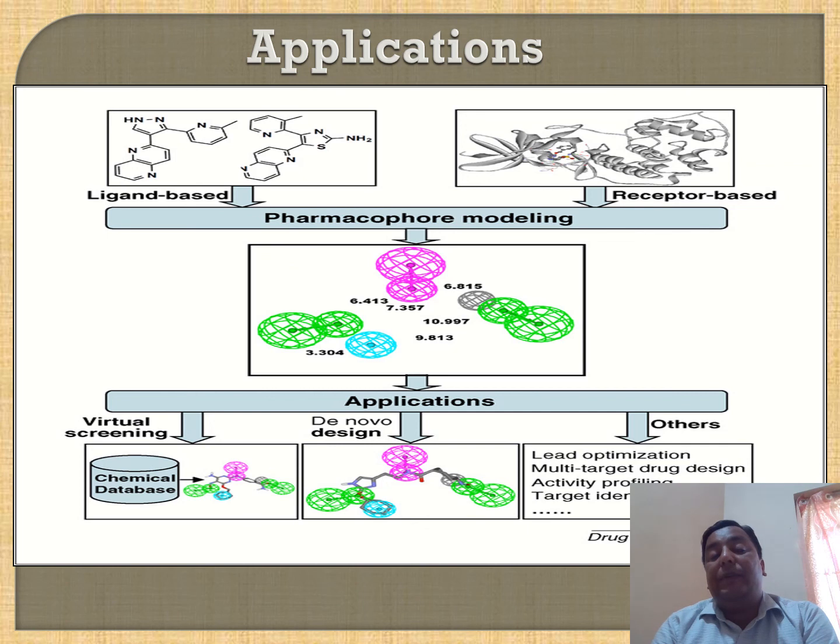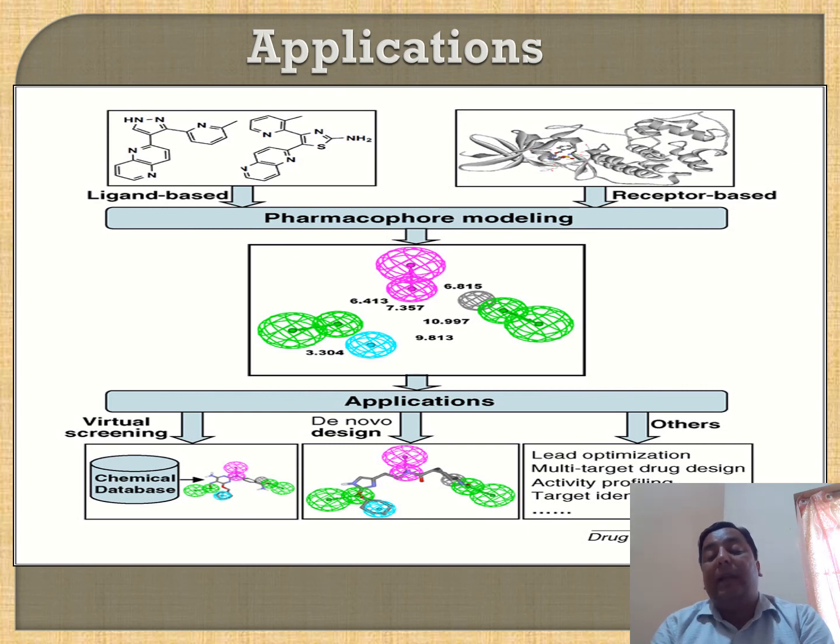So now if we talk about the applications of pharmacophore modeling. Already we have discussed the approaches we use for pharmacophore modeling, either ligand based drug design or structure based drug design, right? Once we screen thousands or lakhs of compounds, we can make combinatorial libraries of those compounds. At a later stage I'll discuss the benefits of designing combinatorial libraries.